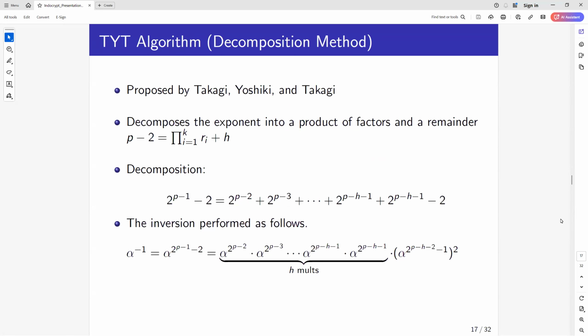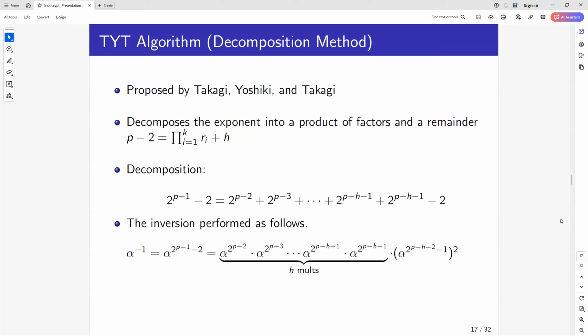Then there is another algorithm called the TYT algorithm. It again decomposes p minus 2 into a number of factors plus h, a remainder. The decomposition goes like this: 2 power p minus 2 minus 1.